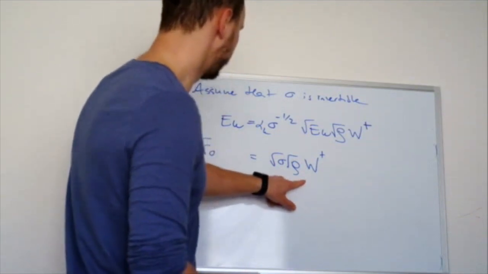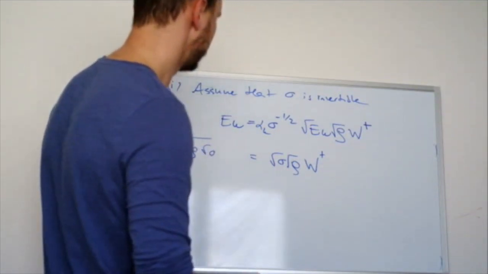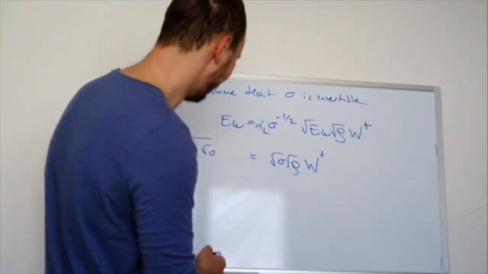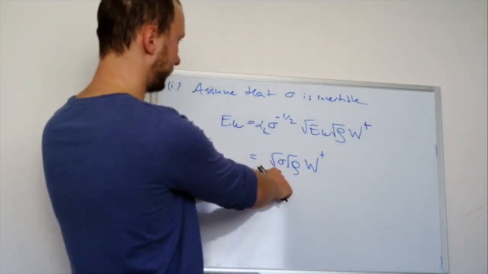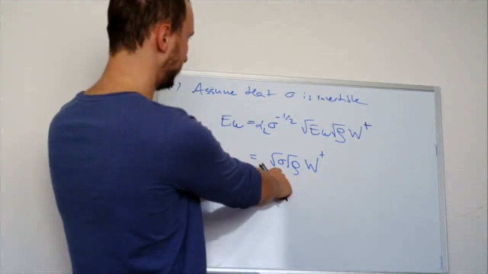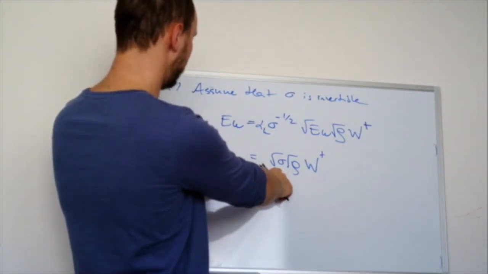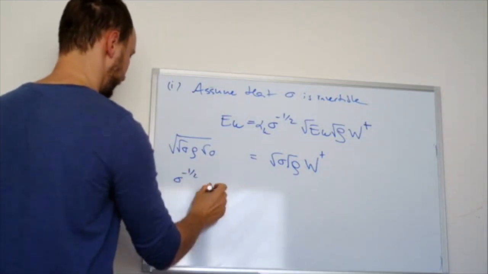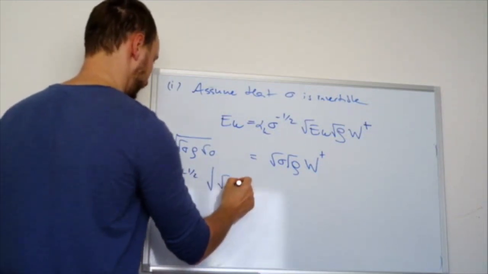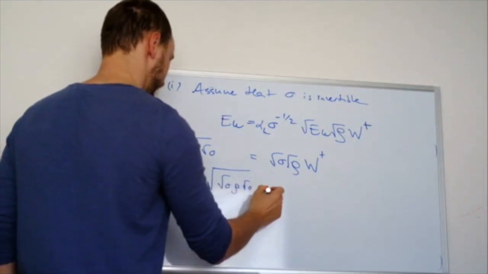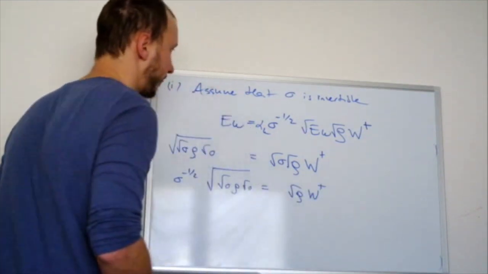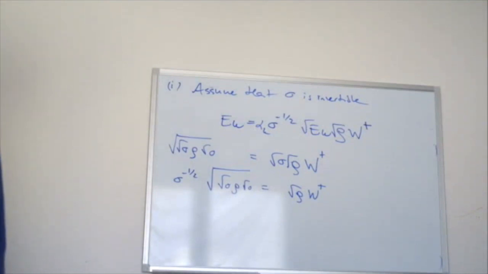Now we can also get the expression of this, because we can also multiply by rho on the other side, and then we get rho to the minus 1/2. Okay, and then we could plug it in.